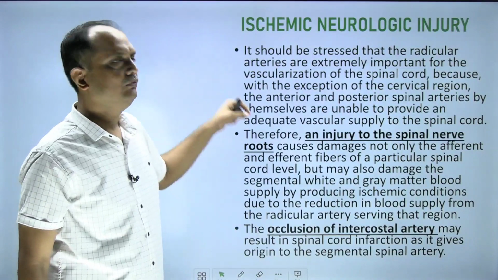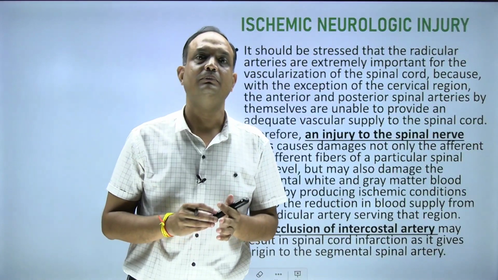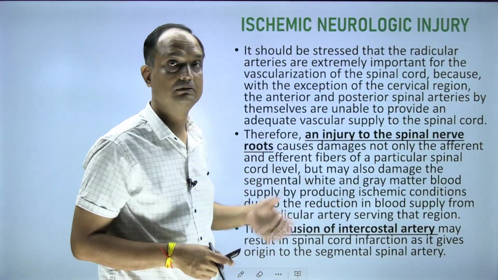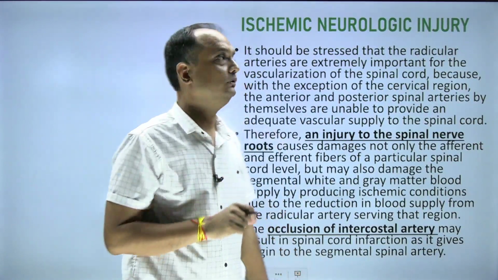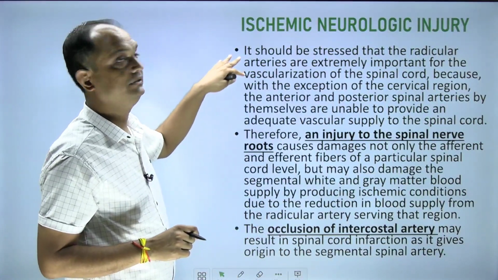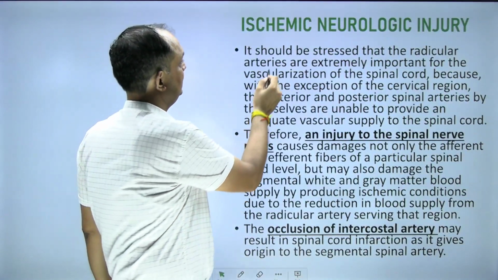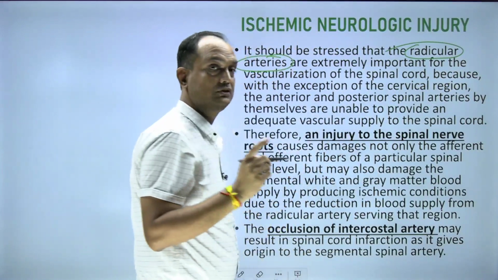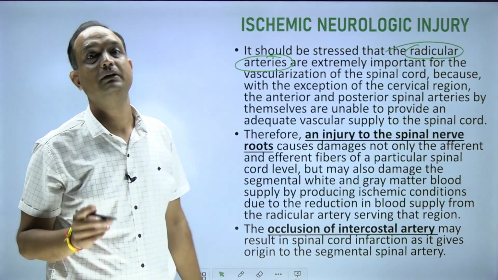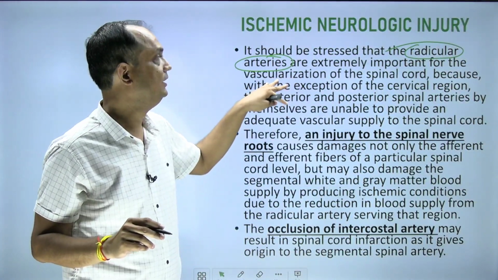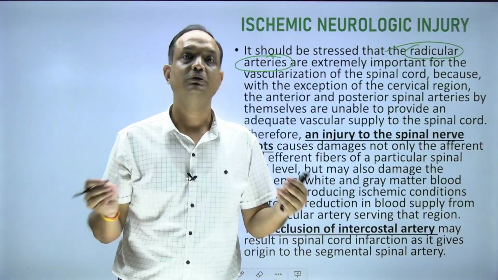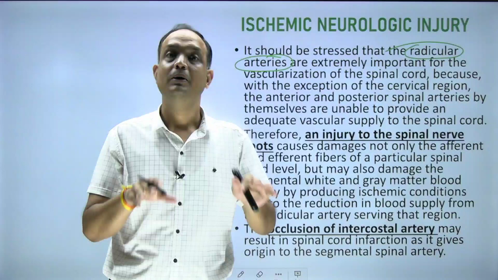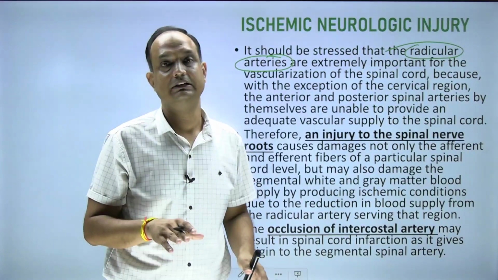Now, why is there an involvement of the blood supply of the spinal cord when there is an injury of the spinal nerve root? This is the important thing to understand, and it should always be stressed: the radicular arteries are very important. I just told you why the radicular or segmental arteries are extremely important, because they are responsible for reinforcing the blood supply of your spinal cord below the cervical region.